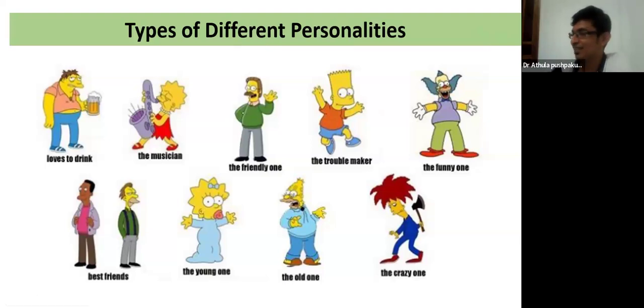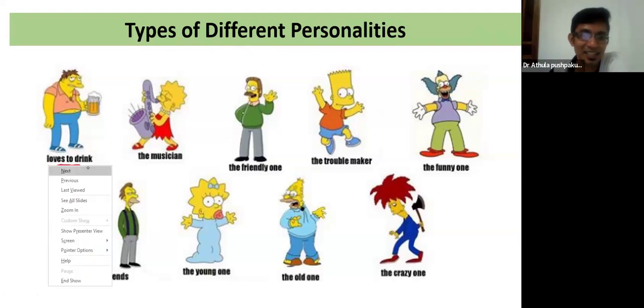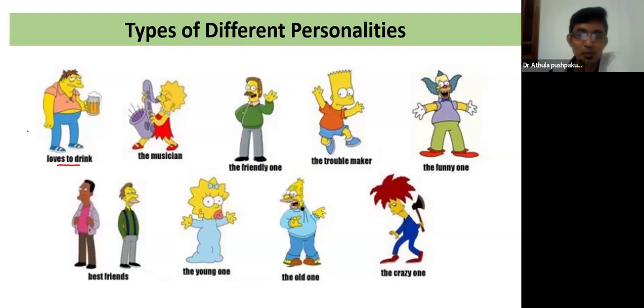Some persons are drinkers, some are musicians, and some can be identified as friendly ones who like to discuss. Another character is the troublemaker, which is the opposite of the friendly one.